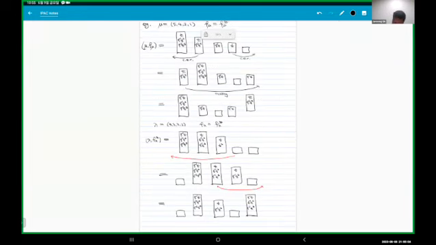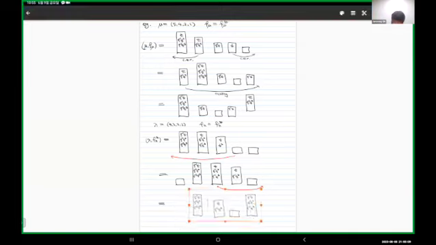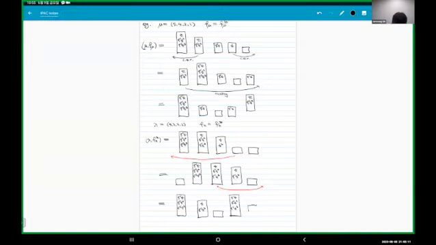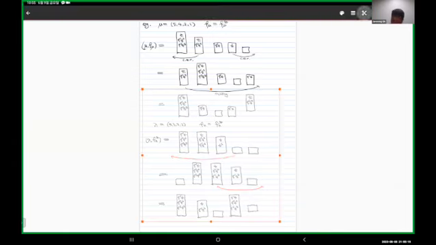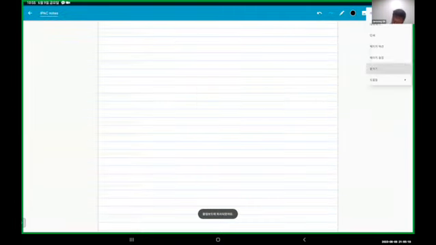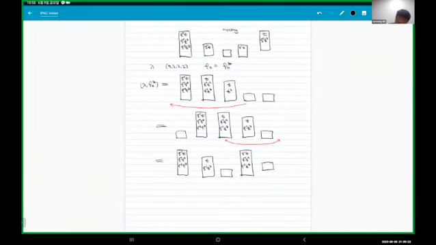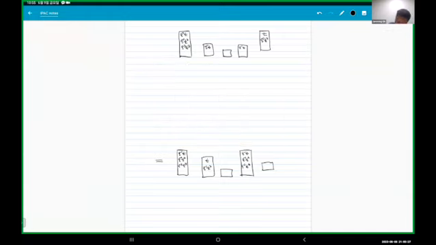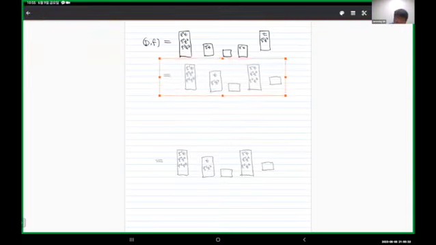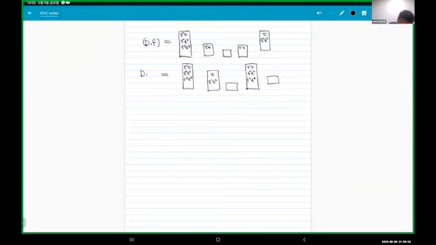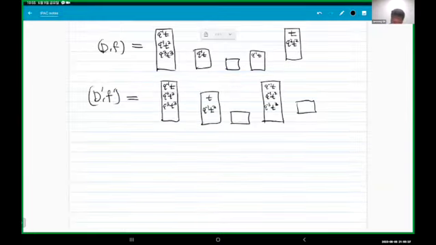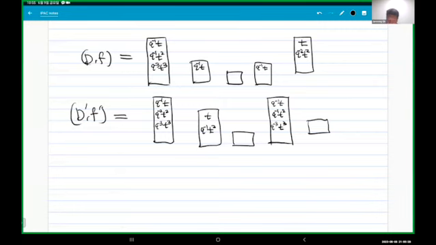And finally, we apply the cycling rule to send this first column to the last column and place it one row up. Okay. And then, I will just copy and paste the final ones. So this field diagram DF is obtained from the field diagram mu, and this field diagram D prime F prime is obtained from the field diagram O.